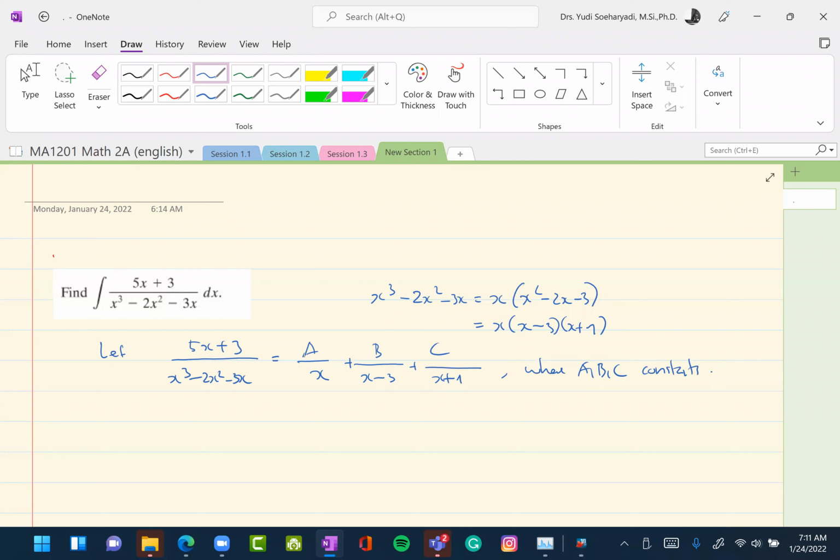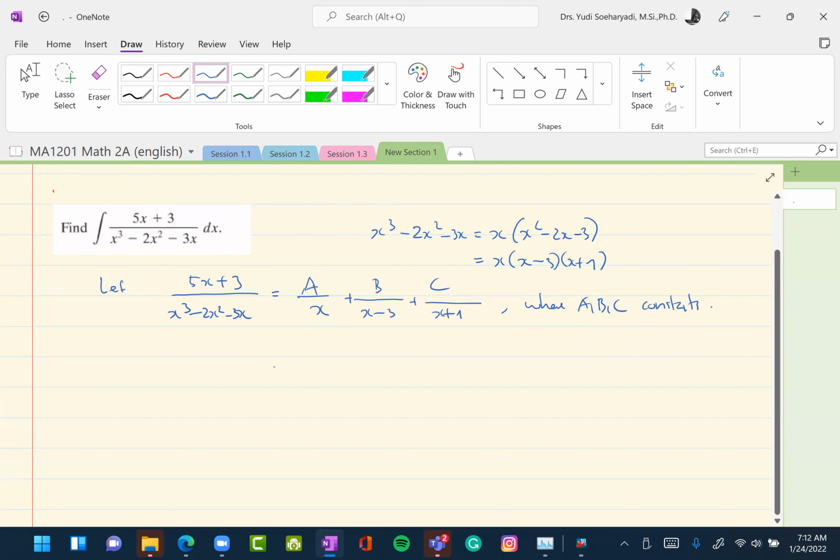Let's find this A, B, C first, because if we find A, B, C, then this integral would be just ln of x, ln of x minus 3, and ln of x plus 1. The main idea is just these decompositions.